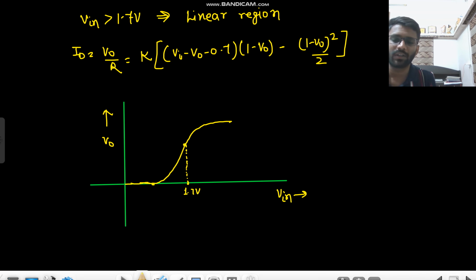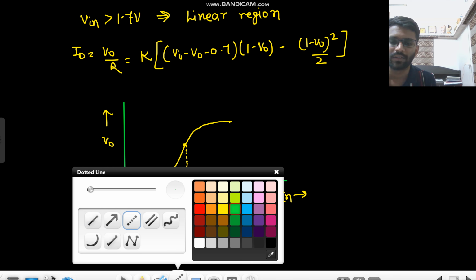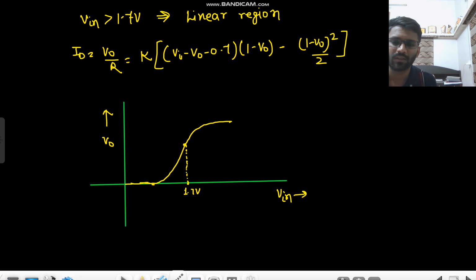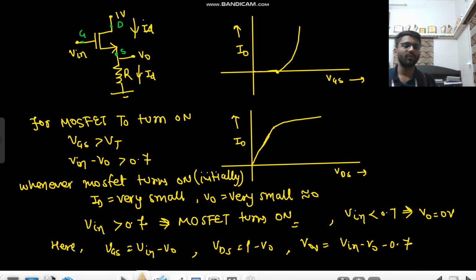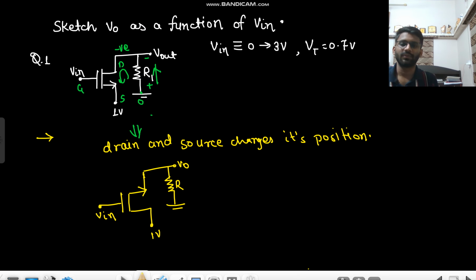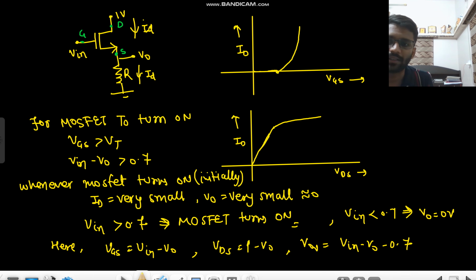Now what did I do here? Why does the output voltage saturate at 1 volt? Because the output cannot go above 1 volt. Okay, the output cannot go above 1 volt. Why so? Let's see here. In this circuit we can see, yeah, okay, if this goes up to 1.1 volt, what will happen?